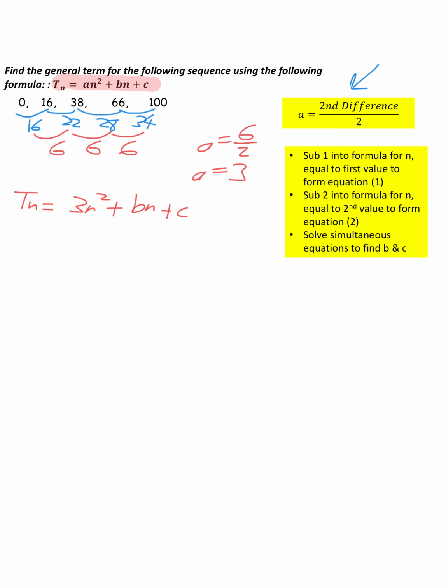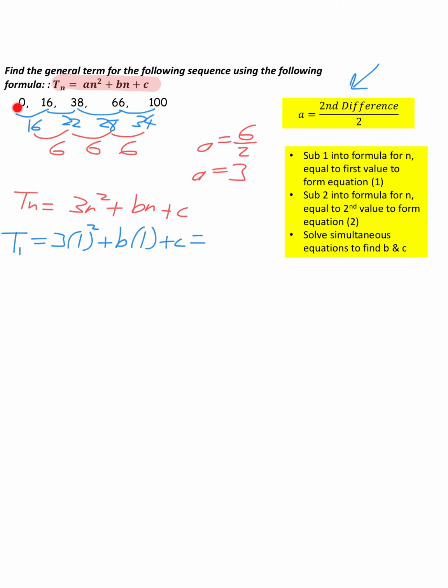Okay, now we're going to have a look at the second yellow box here. So the first step, we sub 1 into the formula for n and equal it to the first value to form an equation. Okay, so we have our formula, Tn equals 3n squared plus bn plus c. So let's sub 1 into that and equal it to the first term.